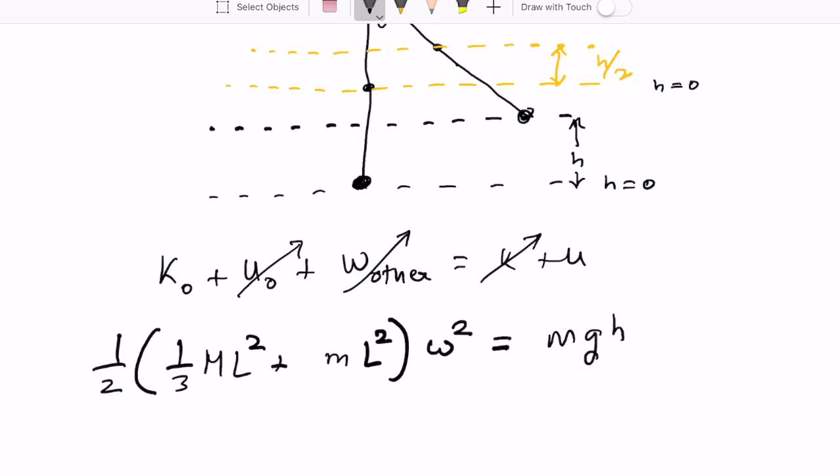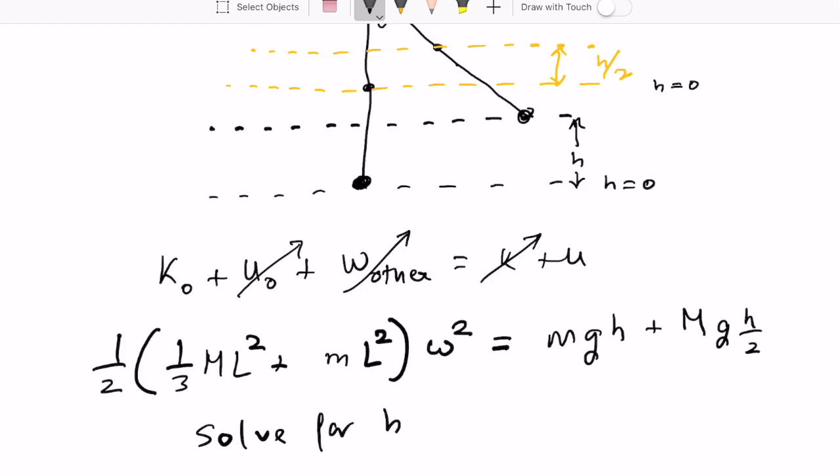What is the potential energy change for the center of mass of the rod? That is going to be capital M g h over 2, because the center of mass of the rod rises up by a height h over 2. Right? And so now all you have to do is just solve for h, and you have numbers for everything here. So you just need to solve for h, and you'll get the answer.